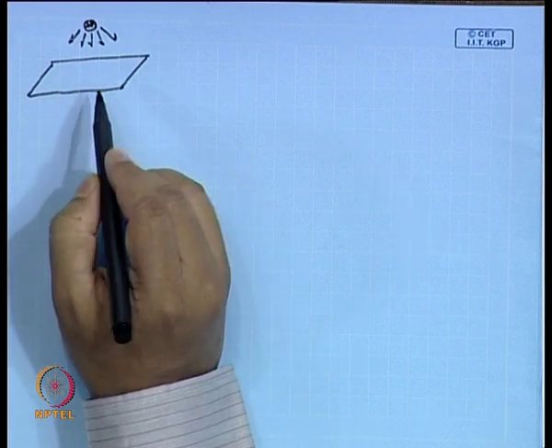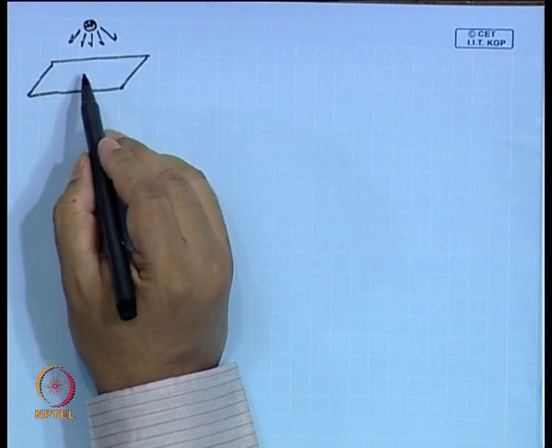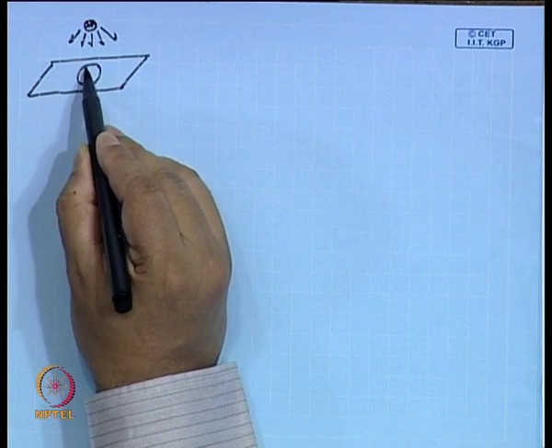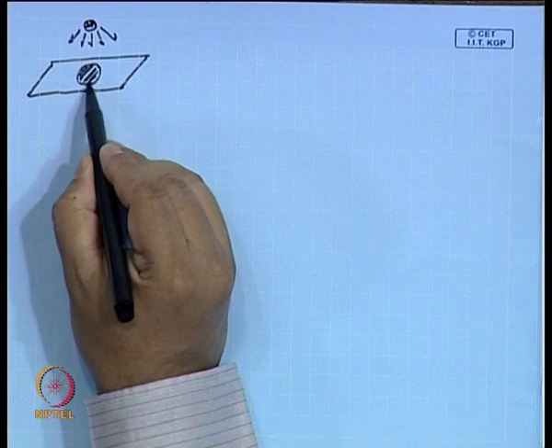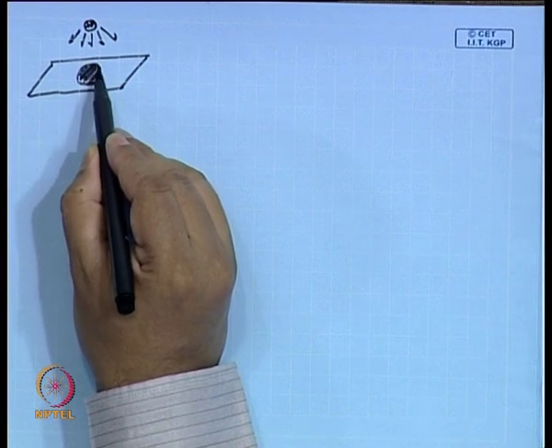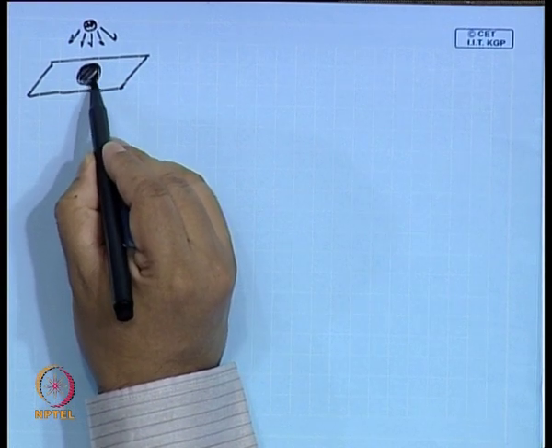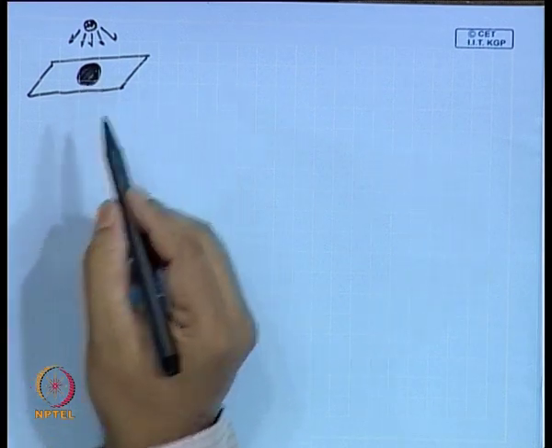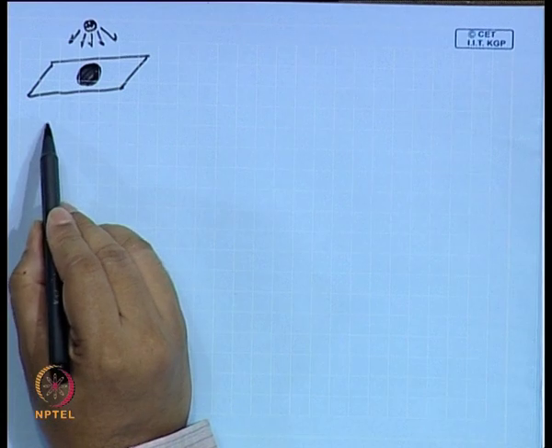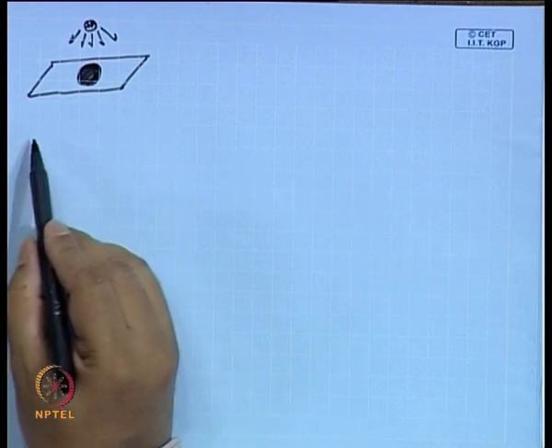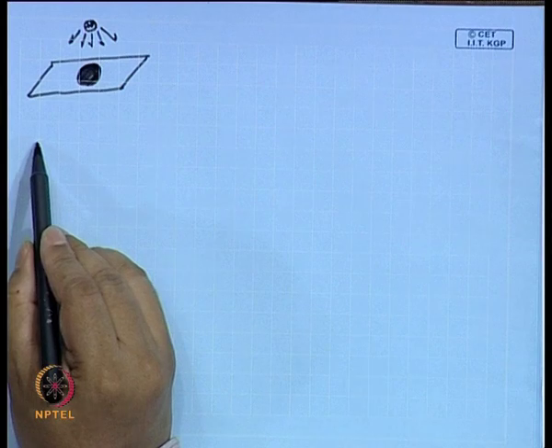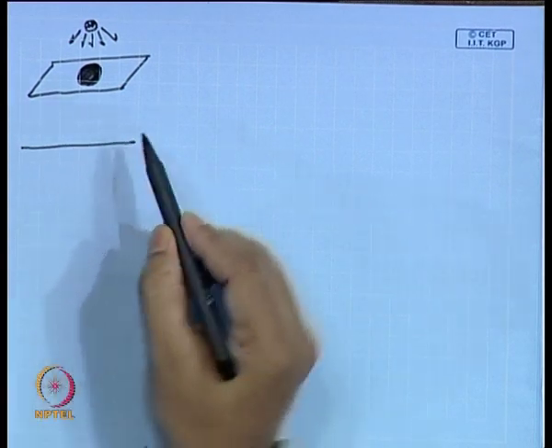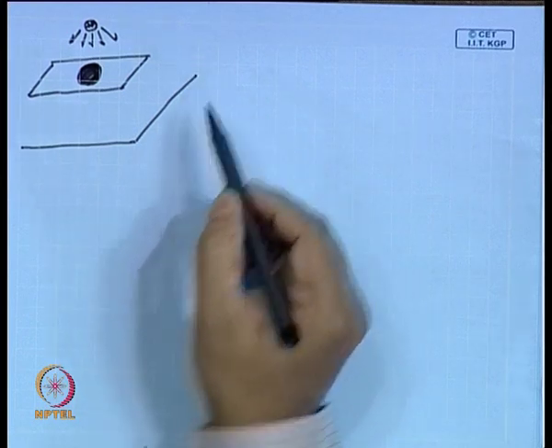So, this is a mask. This is basically a plate on which a certain pattern is there. Let us say a circle is there. And then you have the actual silicon substrate which comes below the mask.